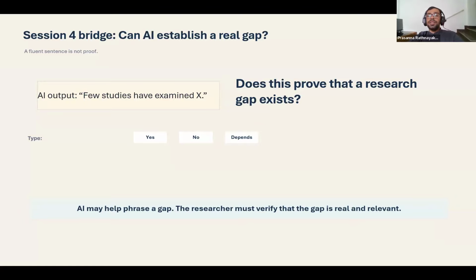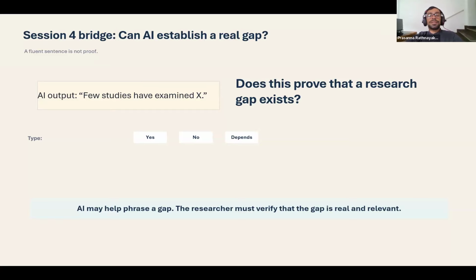Imagine that an AI tool gives you this sentence: few studies have examined X. Does that prove that a research gap exists? Please type yes, no, or depends.